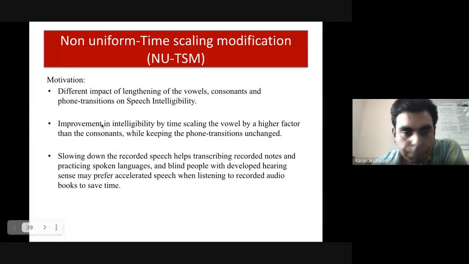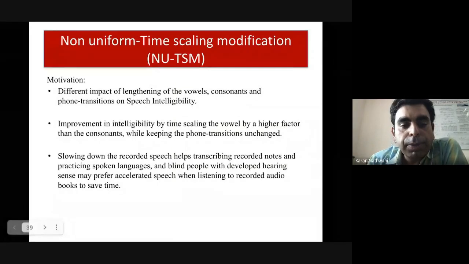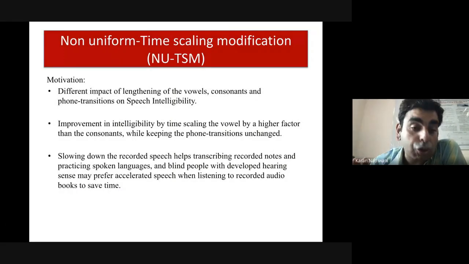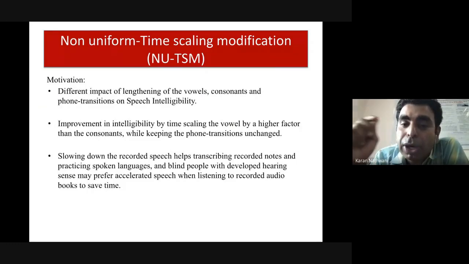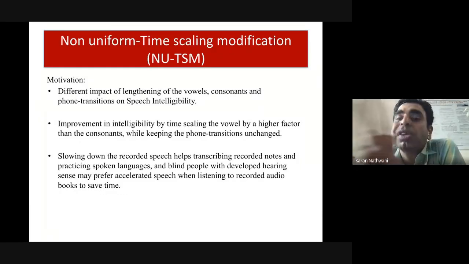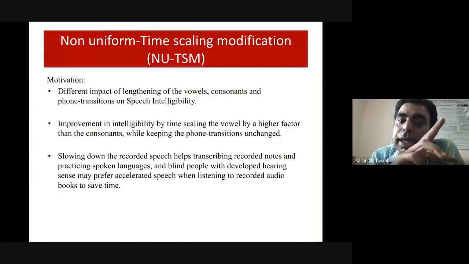Just to brief you, there is a strong impact if you lengthen the vowels, that is your voiced segments. They have more intelligibility than the consonants. So this is where the hypothesis lies. We scale the voiced segments more than the unvoiced segments.